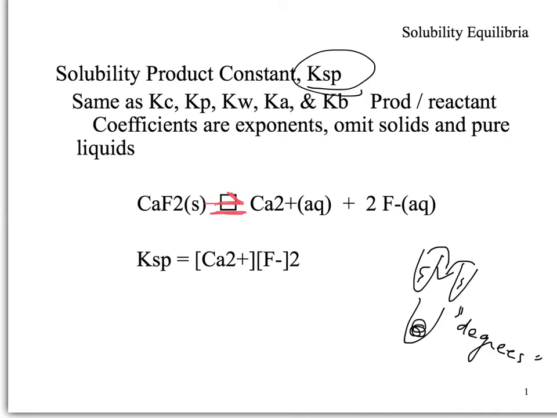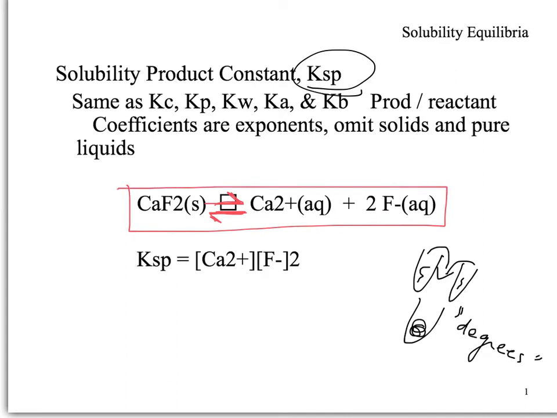So we are considering calcium fluoride, CaF2, which is a solid and it's in equilibrium with Ca2+ and 2F-. We have represented the dissolution of calcium fluoride in water in the form of this equilibrium equation.